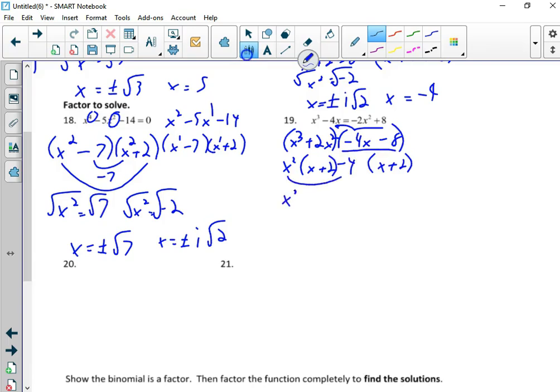Hook them up. X squared, and this is going to be equal to 0 all the way down. This time I am right. Minus 4 equals 0, and x plus 2 equals 0. Remember, I'm going to get 3 answers. X squared equals 4. X equals negative 2. Square root both sides. Always a plus or minus when you're solving square root problems.